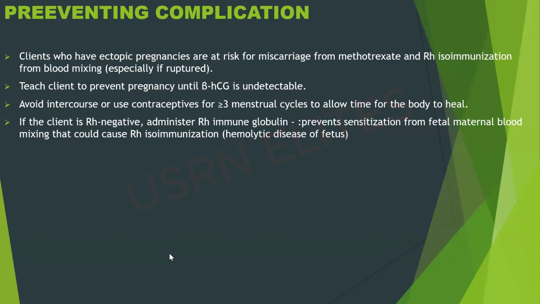So what you should know is that methotrexate is the first line treatment of unruptured ectopic pregnancy. But we only give this medication under certain conditions.